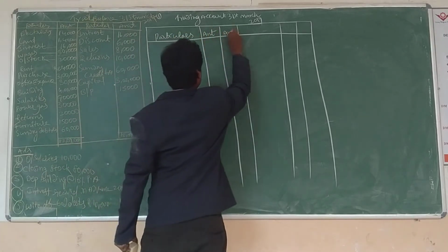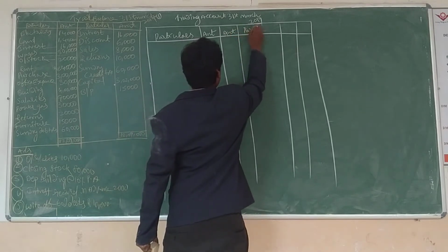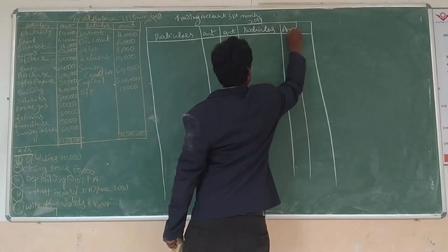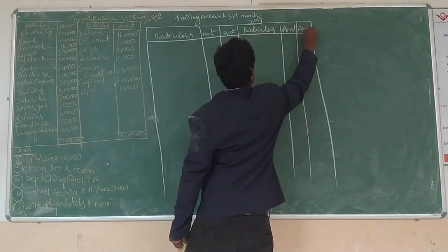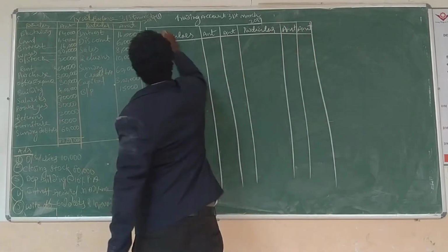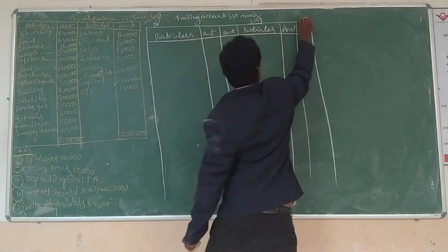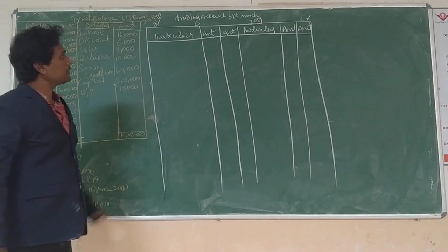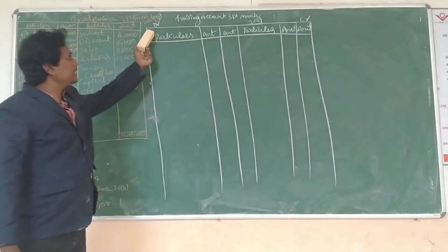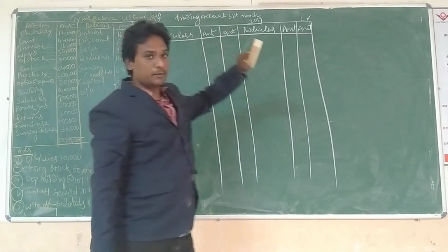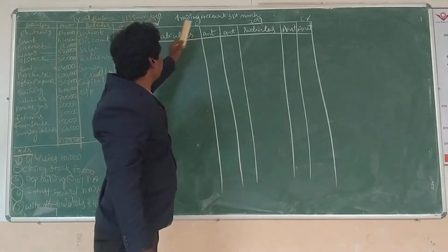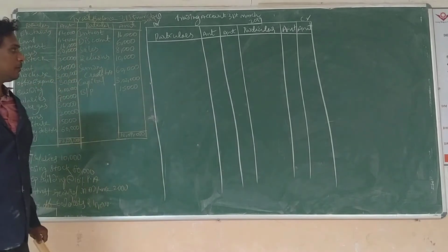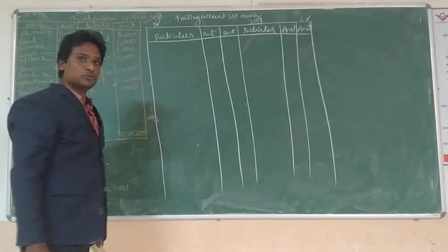Particulars, amount, debit and credit. So this is a trading account for 31st March. The date, but debit and credit sides are most important. This is one more and this is also one more. Regarding format, without fulfilling the format, we lose 2 marks.